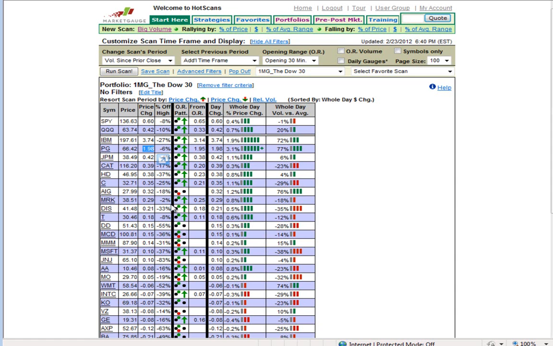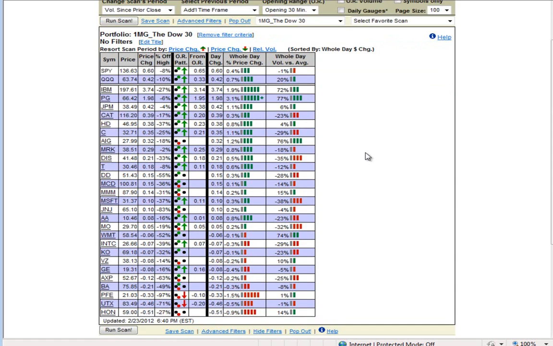Now, the other way to look at breadth is to look at this screen very quickly, without even looking at the actual prices, using the change for the day column. You can quickly see how many are up and how many are down. If it's green, it's up on the day. If it's red, it's down for the day. That's a slightly different viewpoint.